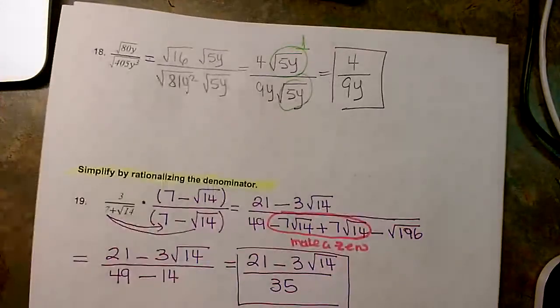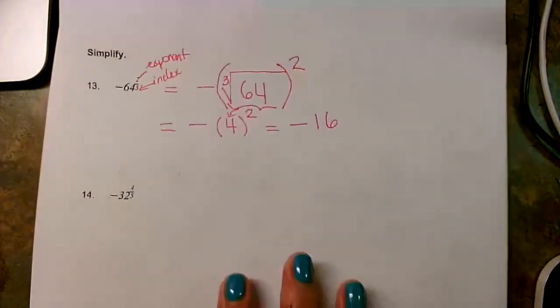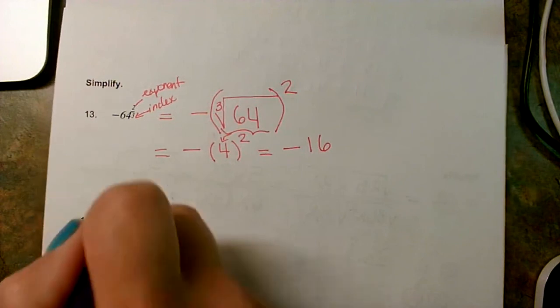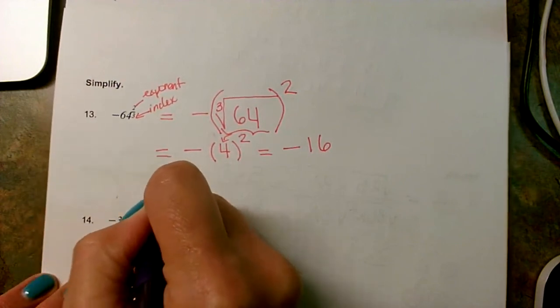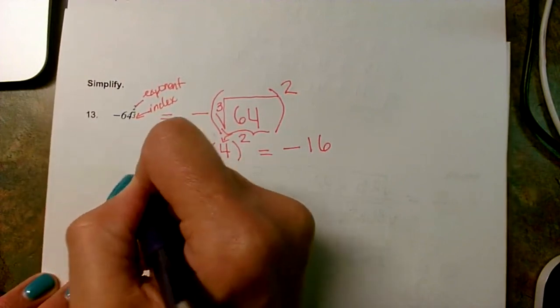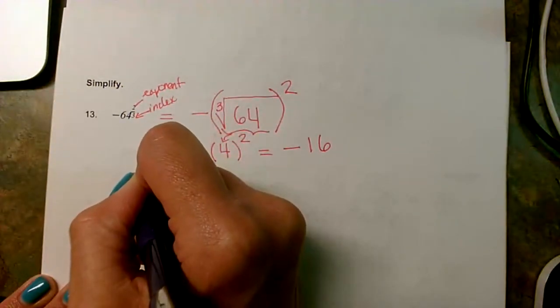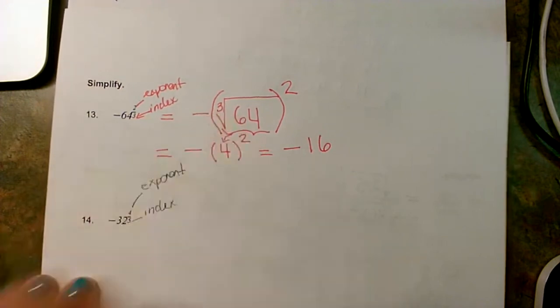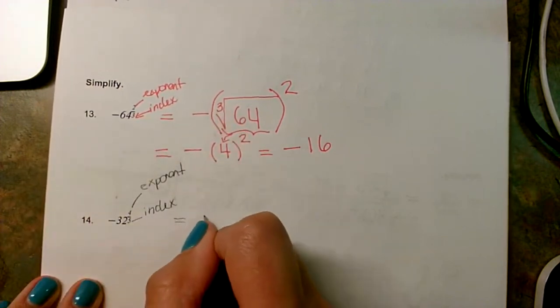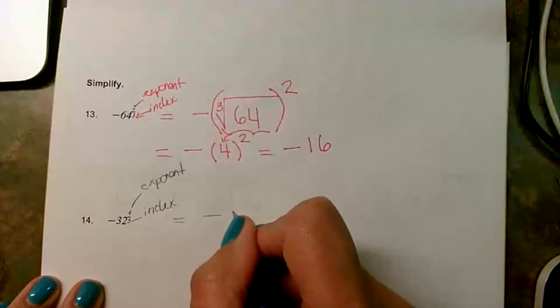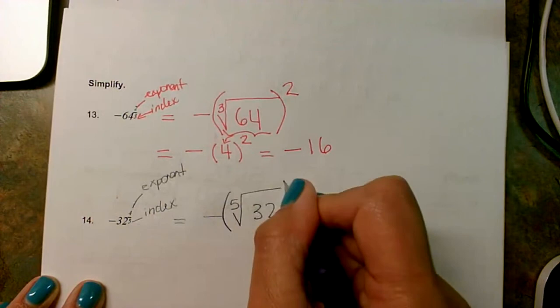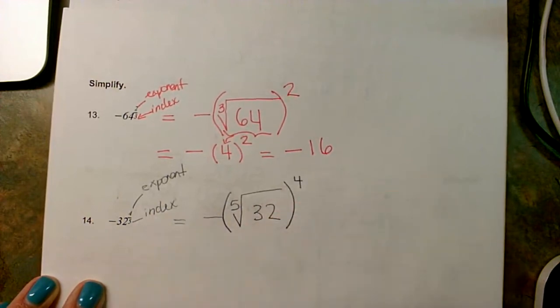Now, let's do 14. We said that the 5 is the index. Don't forget. And the 4 is the exponent. So we have, this is outside, index is here, and the exponent is the 4.